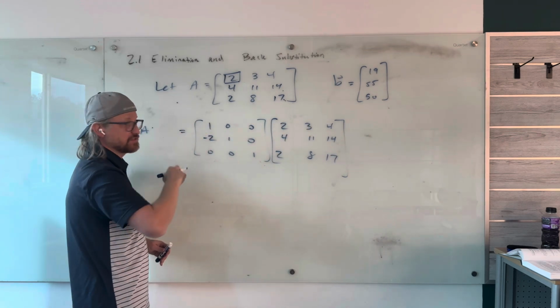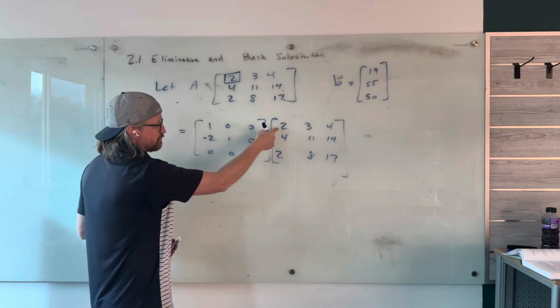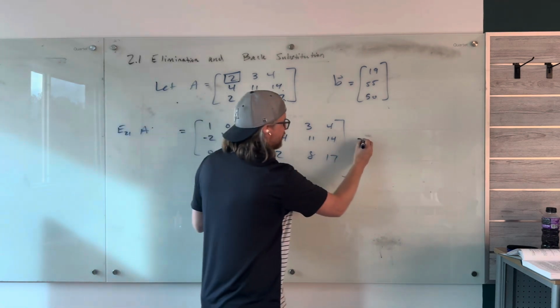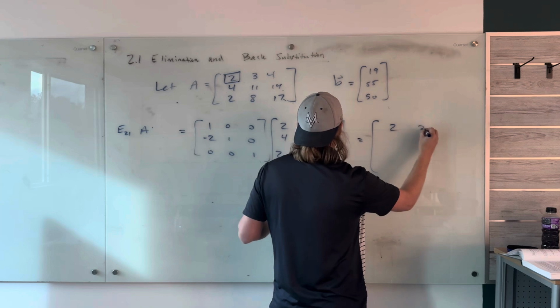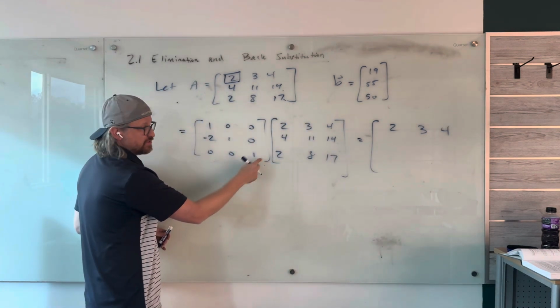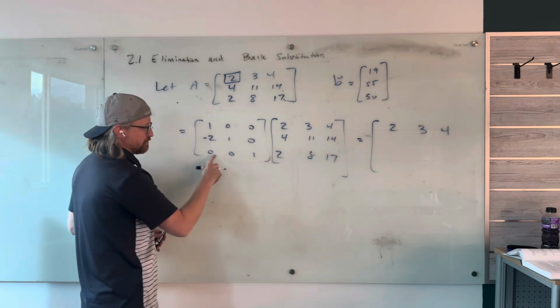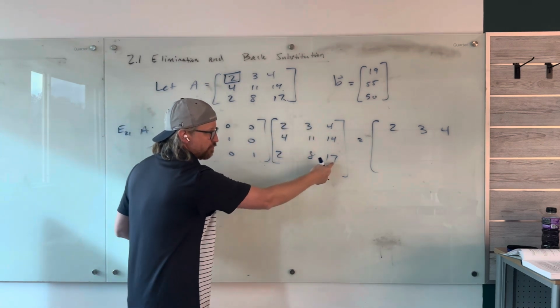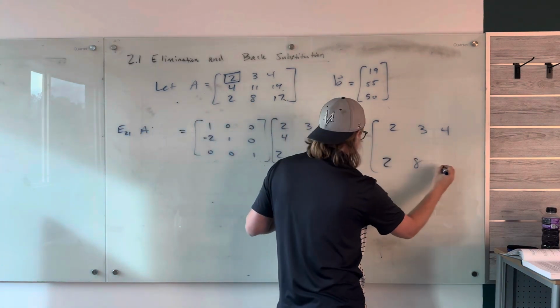That's that identity piece of multiplying on the left-hand side. 1 times 2, 0 times 4, 0 times 2, and this runs all the way down the line, so my first row remains unchanged. Also notice, because this third row is 0, 0, 1 times each column, the third row also remains unchanged.